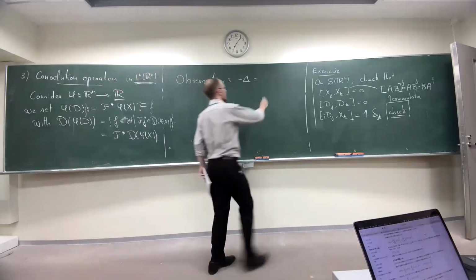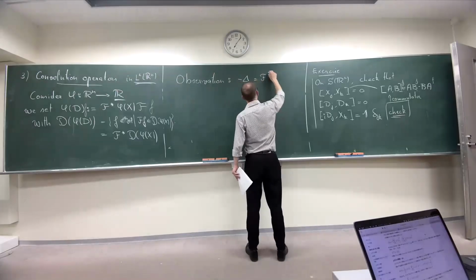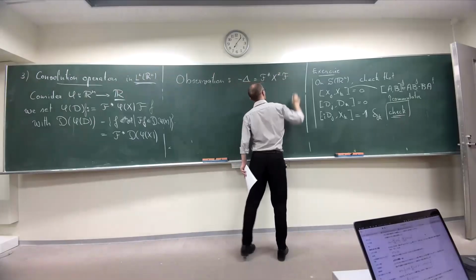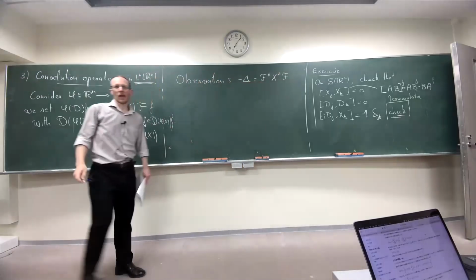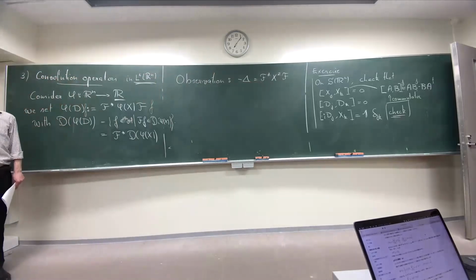I'm claiming that this is just Fourier, x squared, Fourier inverse. So now I'm just saying that I can take it on any function and not only the function x squared.